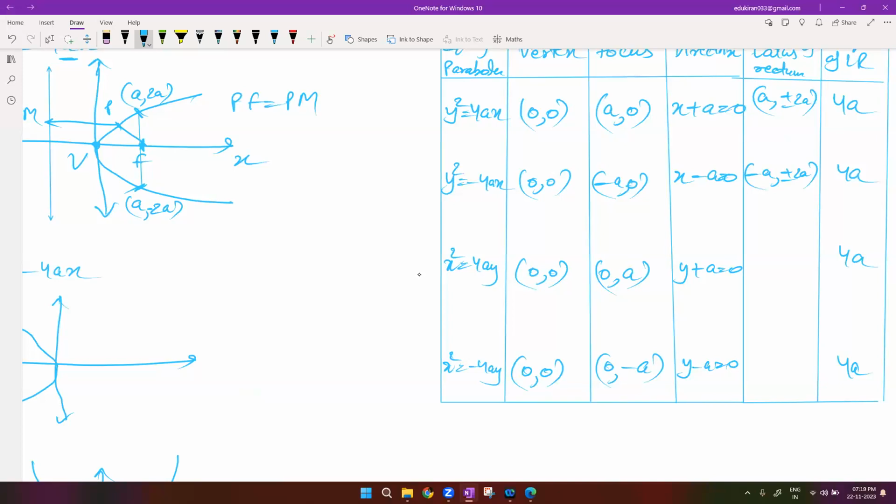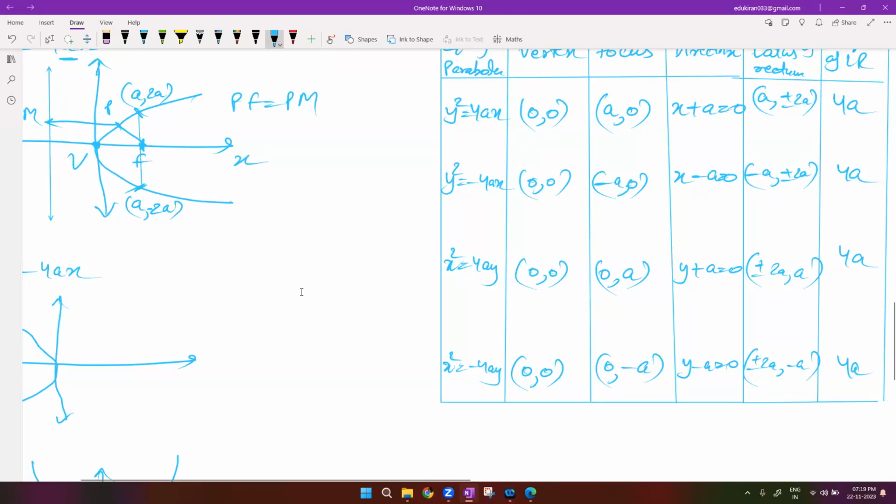The coordinates will interchange this time. For x square is equals to 4ay, these will be plus minus 2a, and this will be plus minus 2a comma minus a, right?